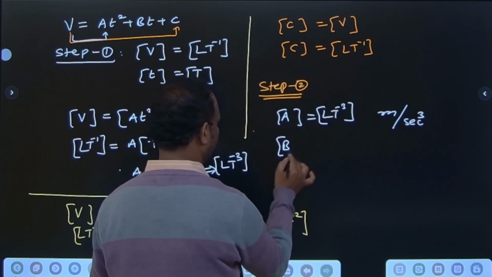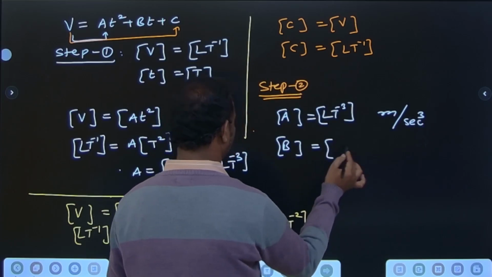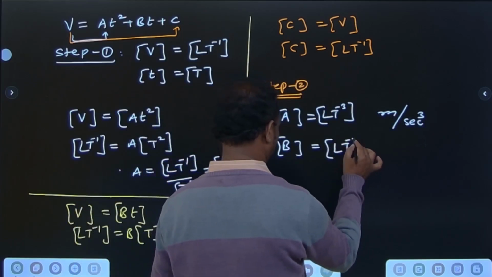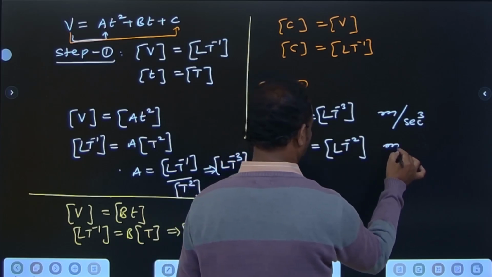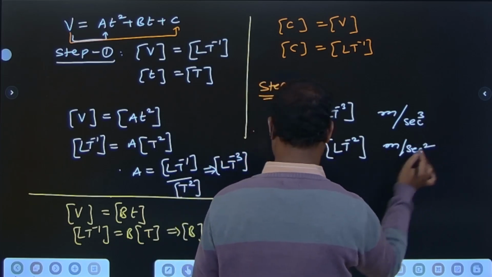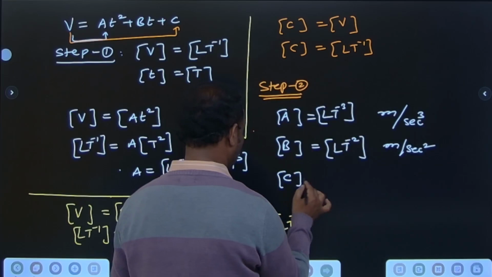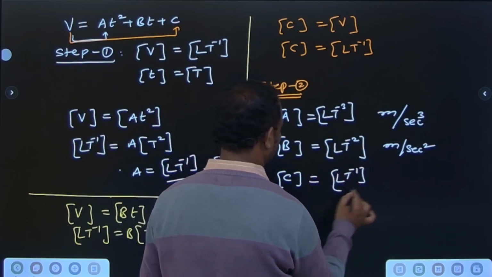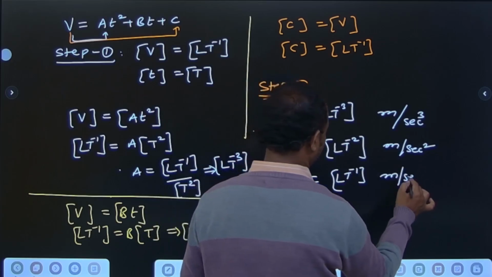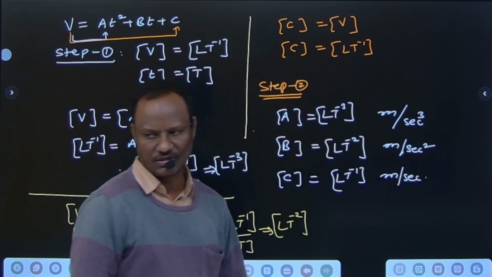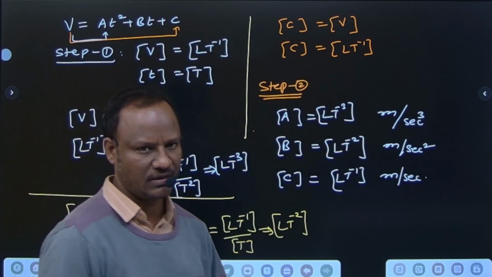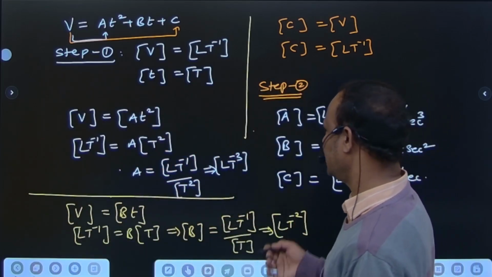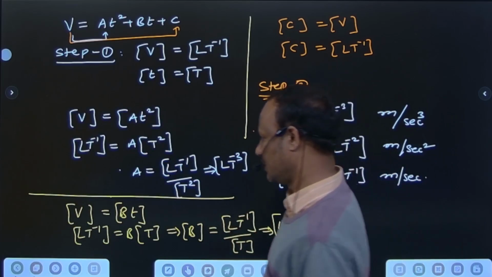The dimensional formula of B is LT to the power of minus 2, with unit meter per second square. The dimensional formula of C is LT to the power of minus 1, with unit meter per second. So this is the principle of homogeneity: the physical quantities of the same dimensional formula can be added, equated and subtracted.